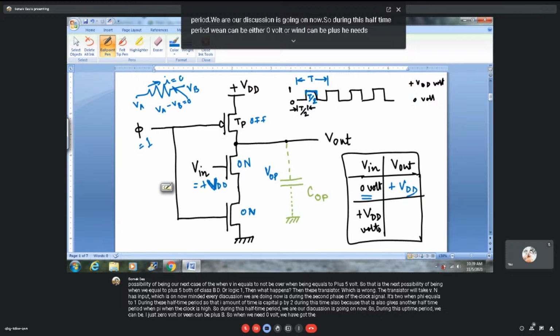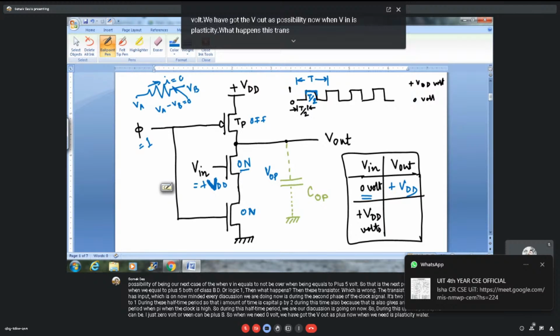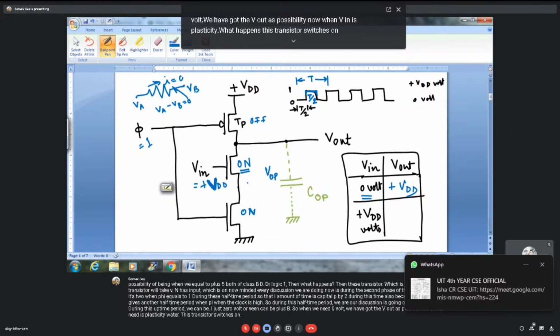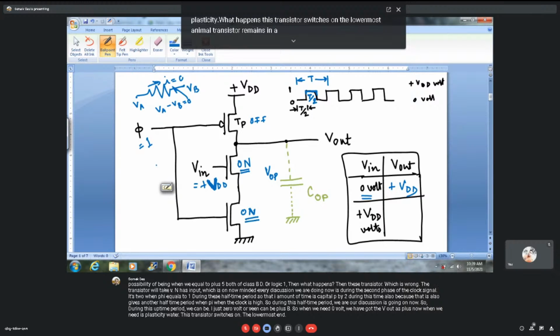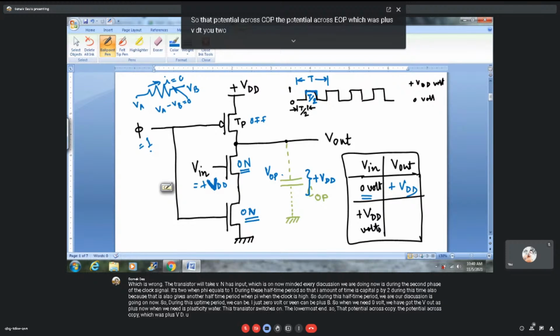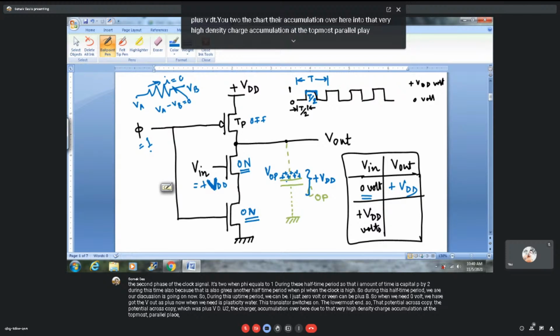Now when Vin is plus VDD, what happens? This transistor switches on. The lowermost NMOS transistor remains switched on because phi is 1. So the potential across COP, which was plus VDD due to the very high density charge accumulation at the topmost parallel plate, now gets a path to discharge.